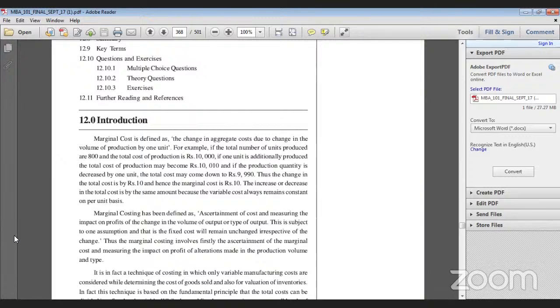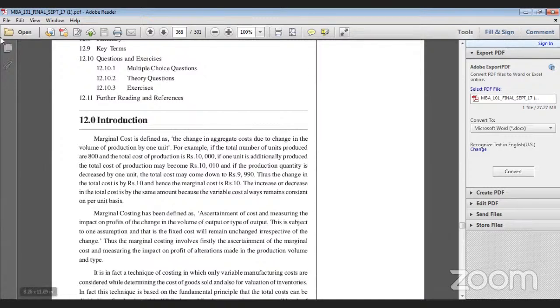This is subject to the assumption that the fixed cost remains unchanged irrespective of the changes.